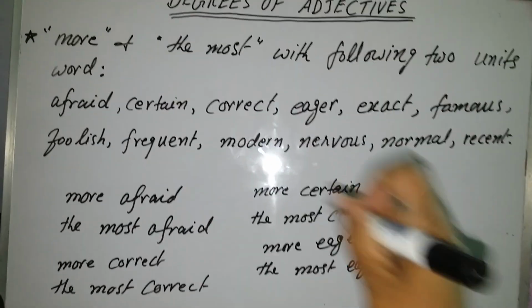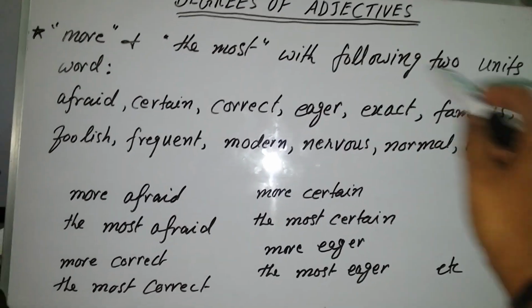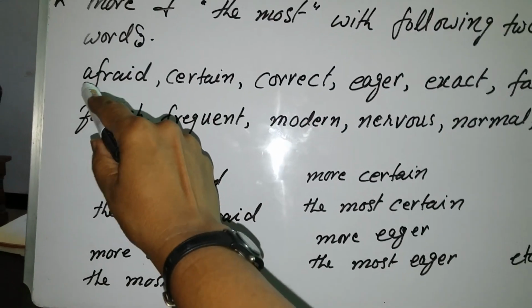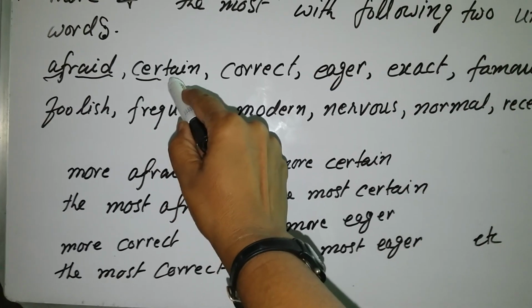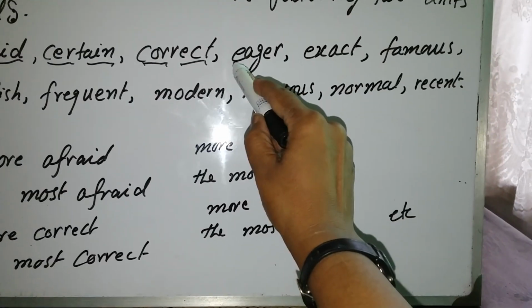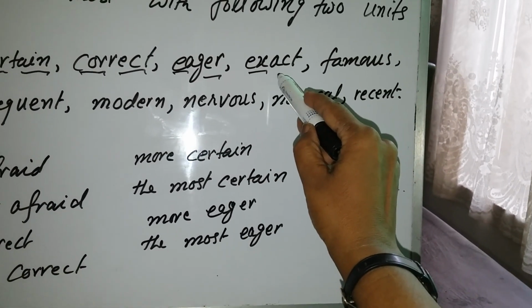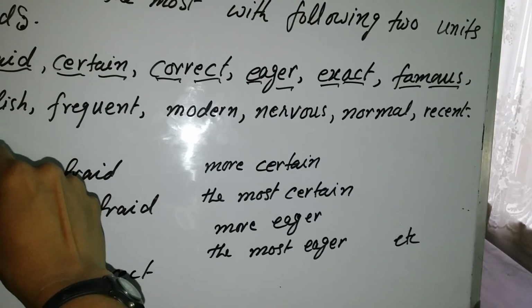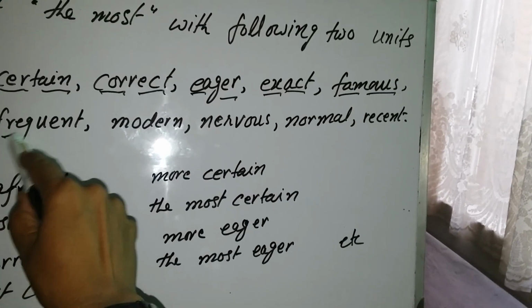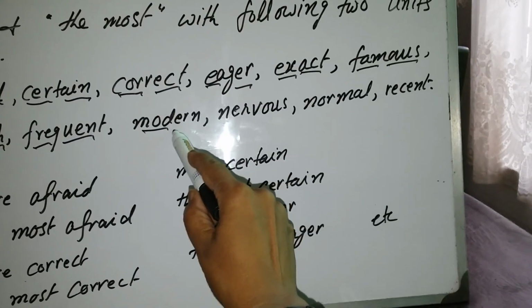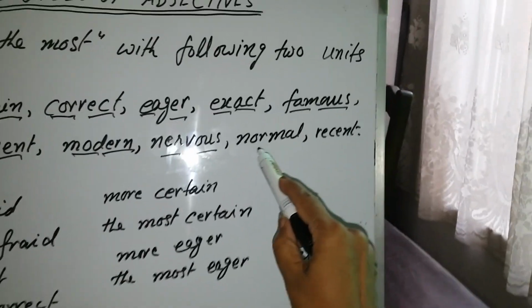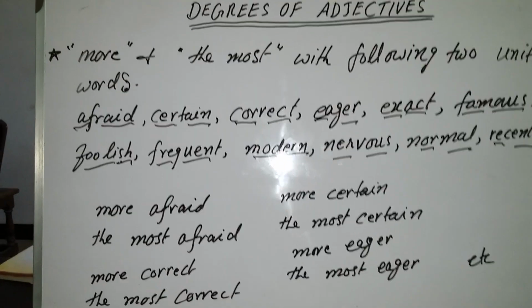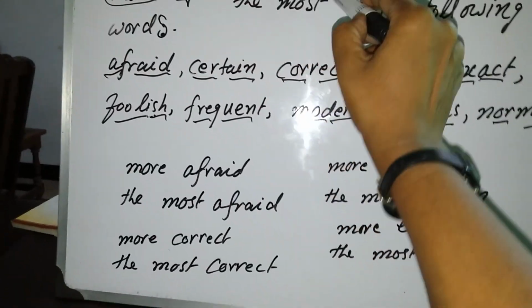More and the most with the following 2 unit words: afraid, certain, correct, eager, exact, famous, foolish, frequent, modern, nervous, normal, recent.